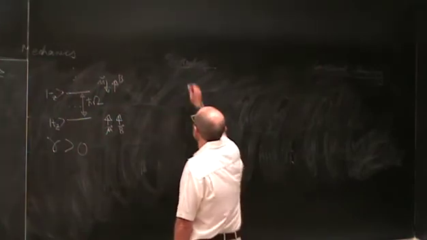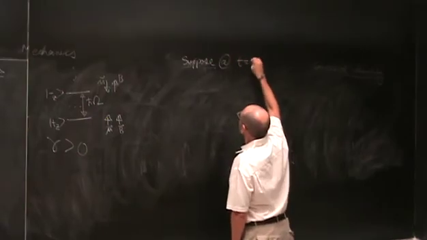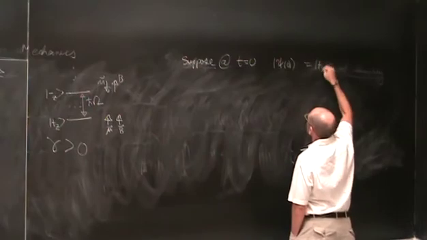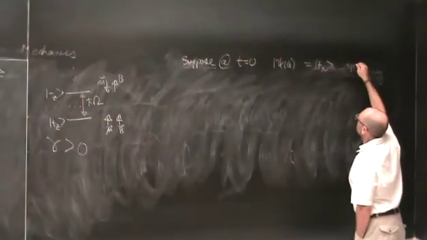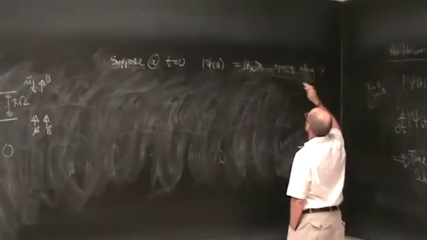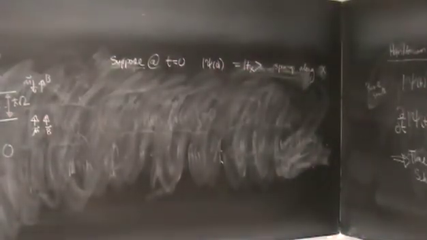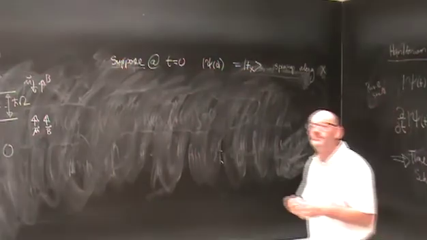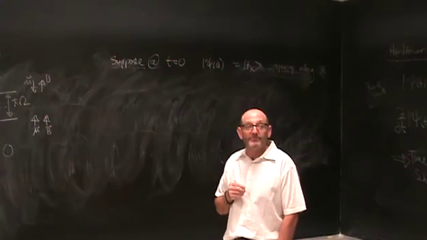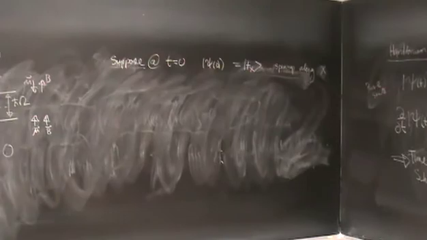Okay, let's suppose at time t equals 0, the state of the system is spin up along x. Okay. What is the state at a later time? Yeah, well, so how do you solve the initial value problem?